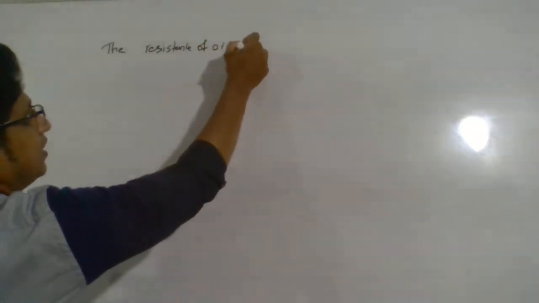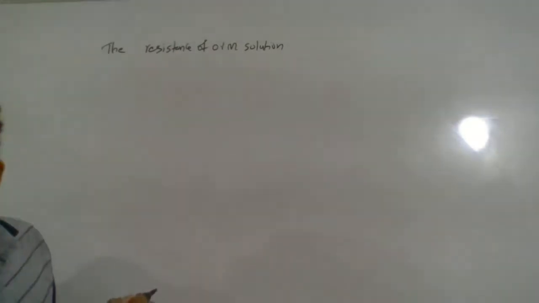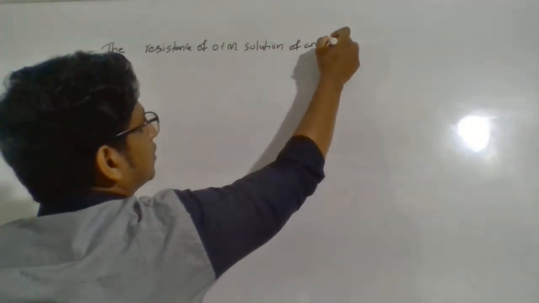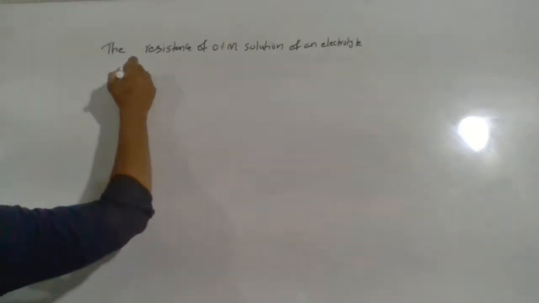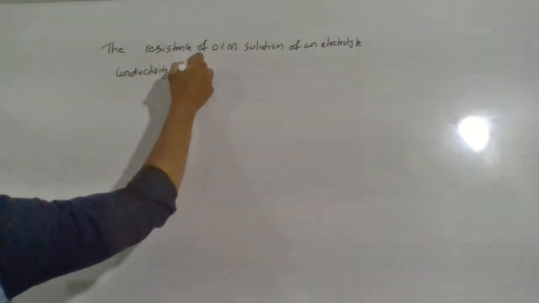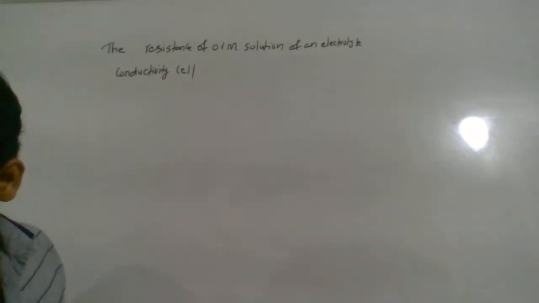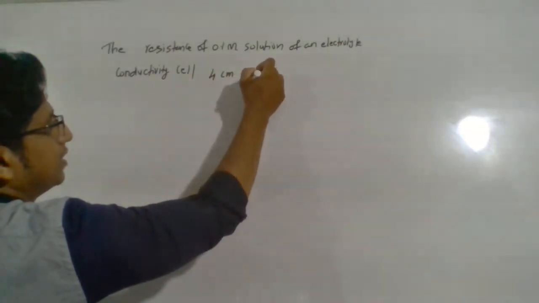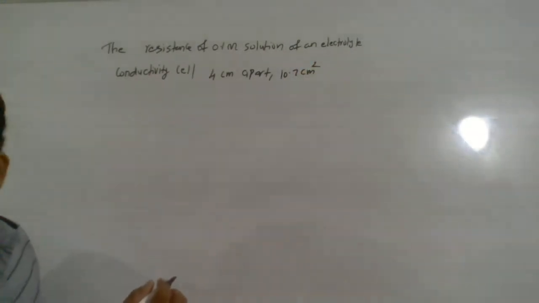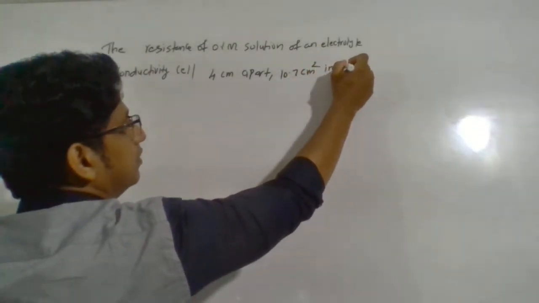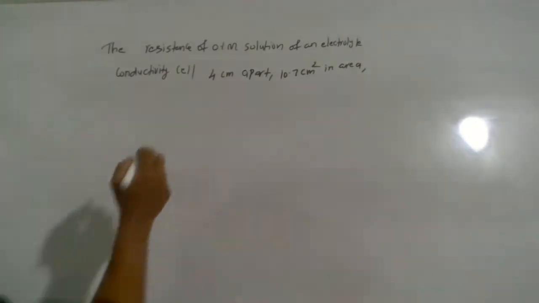Let us do one problem related to this. The resistance of a 0.1 molar solution of an electrolyte in a conductivity cell containing two platinum electrodes 4 centimeter apart and 10.7 centimeter square in area was found to be 70 ohm.